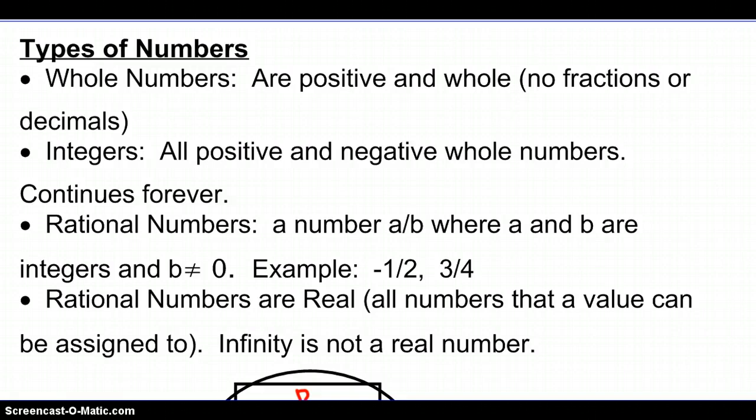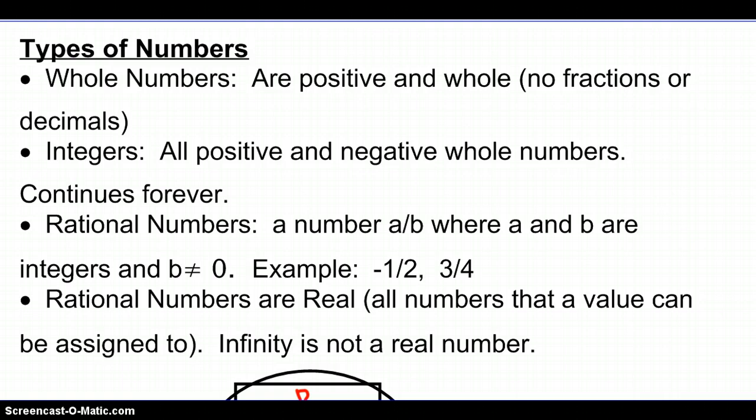It continues forever. Rational numbers can be put in a fractional form a/b where a and b are integers and b does not equal 0. So for example, a rational number could be -1/2 or 3/4. Rational numbers are real. Real is just a bigger category.